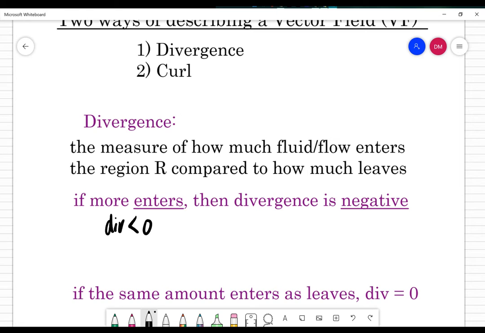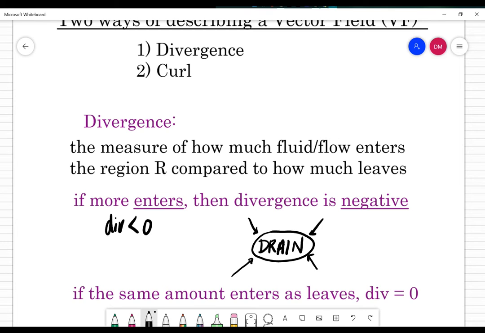So if more flow is entering the space than leaving, divergence is negative. So when we calculate divergence, it would be less than 0. And again, I'll tell you in a bit how we calculate it. If divergence is negative, then we have what could be considered a drain. If you're thinking about water flow, a drain in a shower or a bathtub or a sewer drain, there's more entering than leaving.